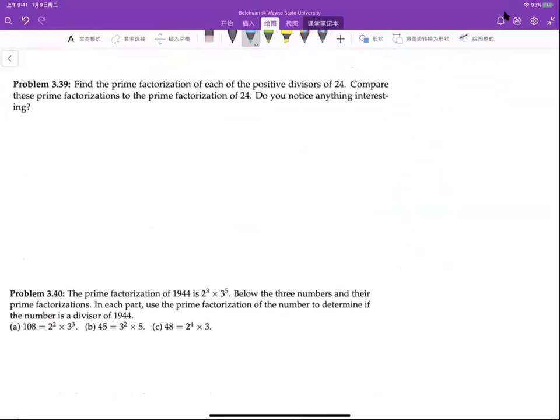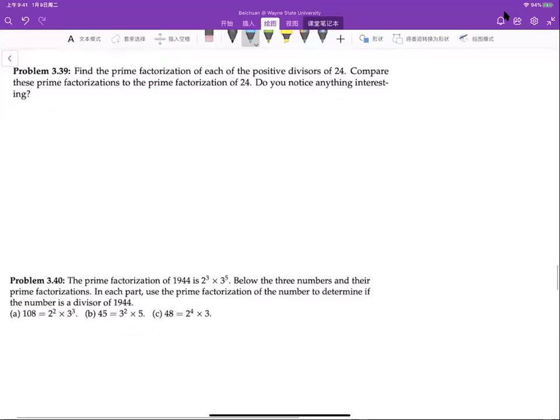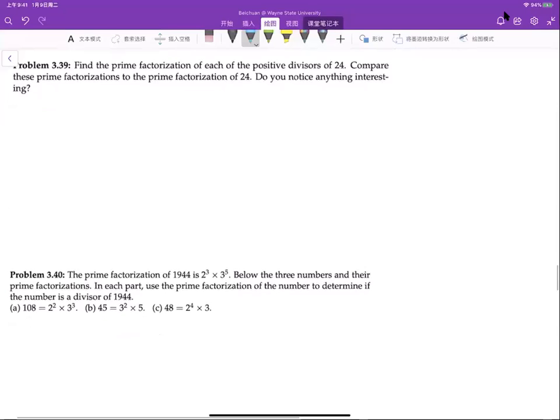First let's look at 3.39. Find the prime factorization of each of the positive divisors of 24. This is parallel to what we did in the previous section for the least common multiples. Here you can see that 24 equals 2 cubed times 3.